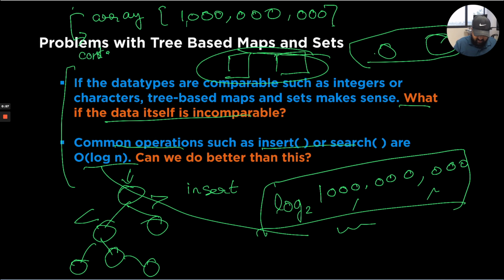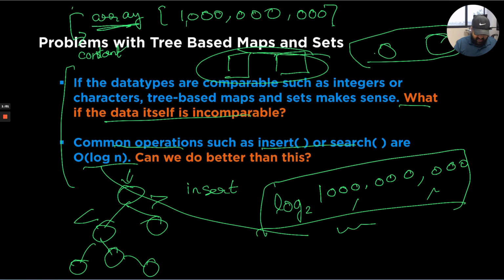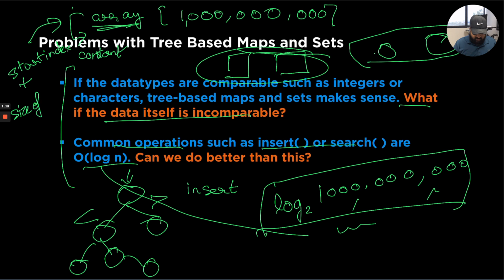Why? Because when we are dealing with an array, we have the starting index and we can compute where the physical value will be, based on start index plus size of one element times the index that we want to reach.